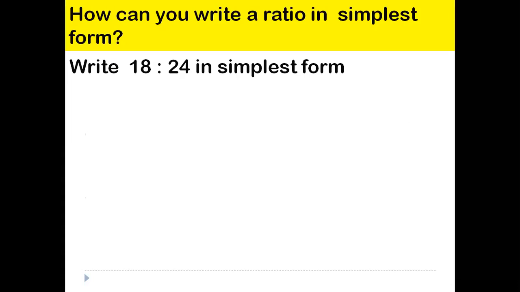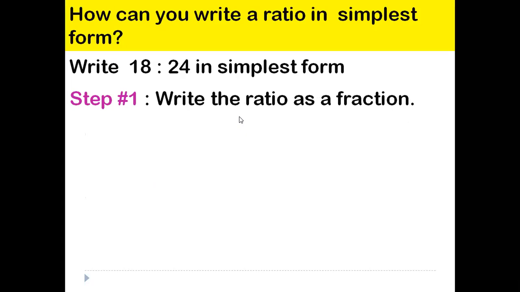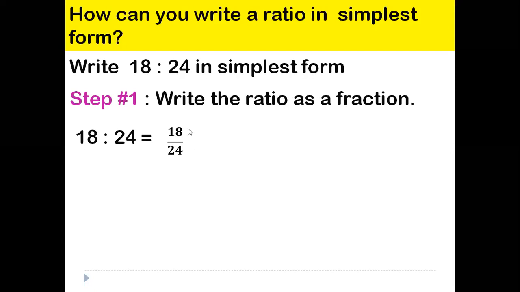We can write, first of all, 18 to 24 as a fraction, and when we write it as a fraction, the first number goes up: 18 over 24. Now, it's exactly the same way of writing the simplest form of fractions.